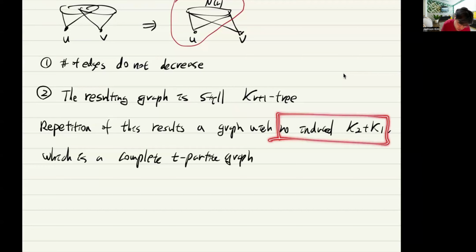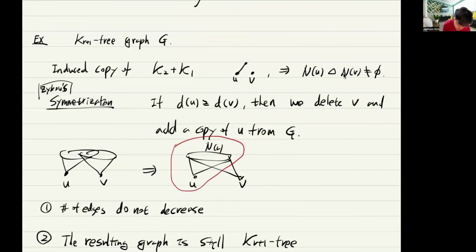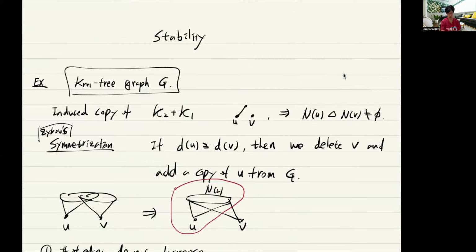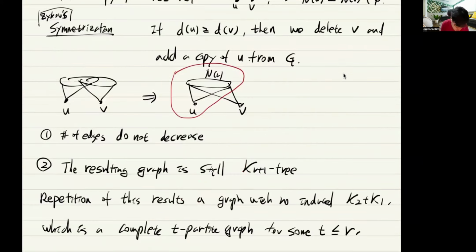It's not difficult to show that if you have no induced copy of this, then you must be a complete t-partite type graph for some t. But as it's K_{r+1}-free, t is at most r. And in order to maximize the number of edges, the case is when t equals r and when everything is balanced. This proves that the maximum K_{r+1}-free graph must be a balanced complete r-partite graph, which gives the Turan answer.